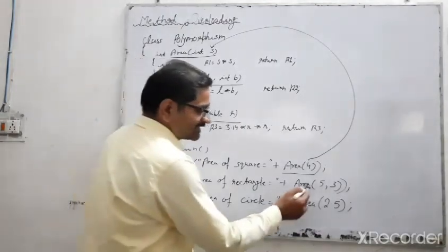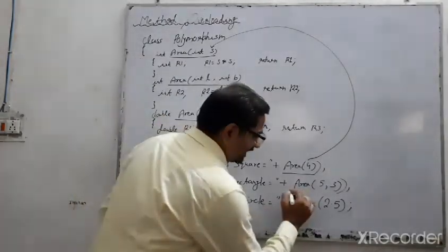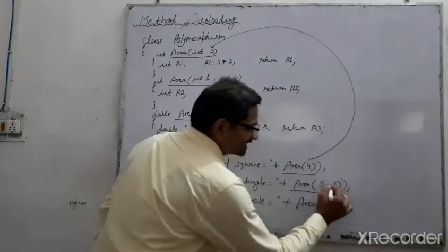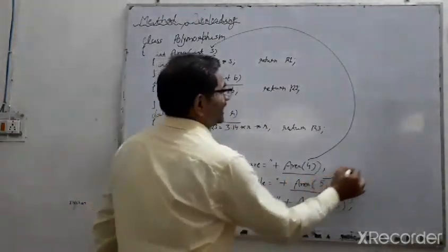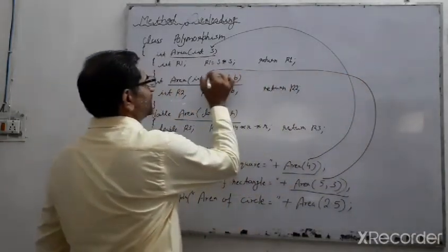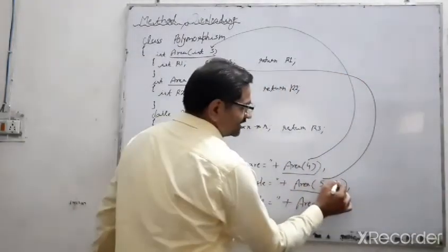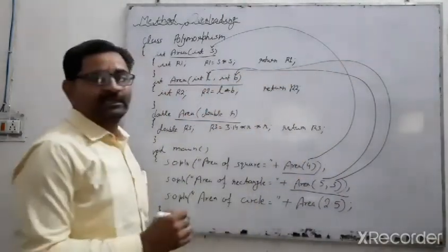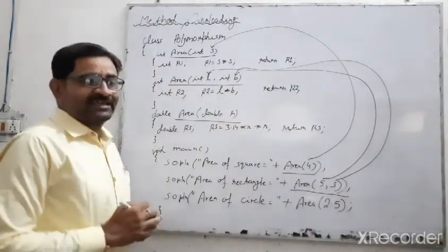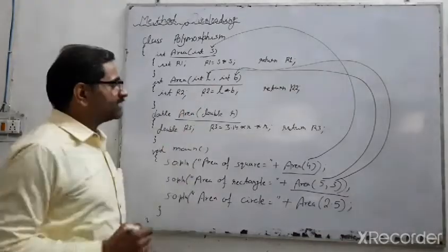When you call this area method, it passes a length of 5 centimeters, which is received by small l, and a breadth of 3, which is received by small b. In this way the system will calculate the area of the rectangle.